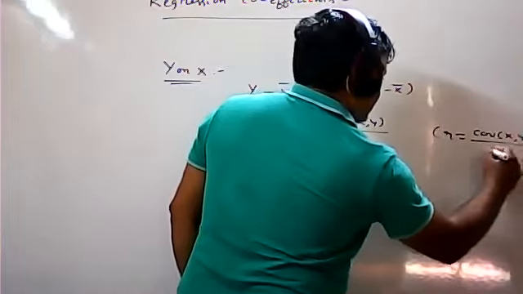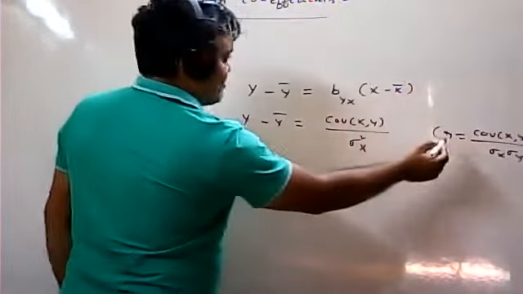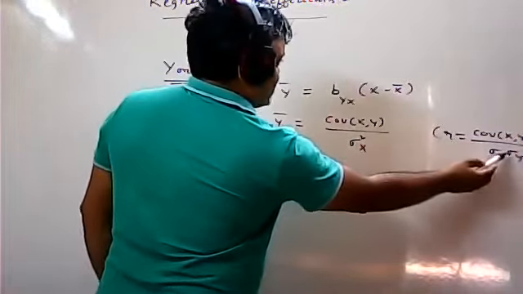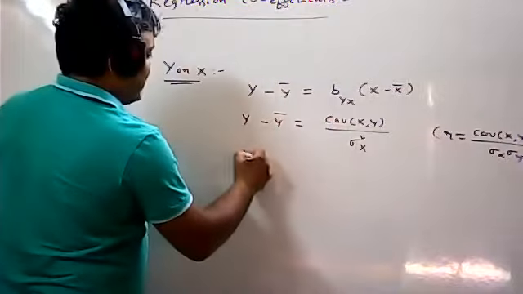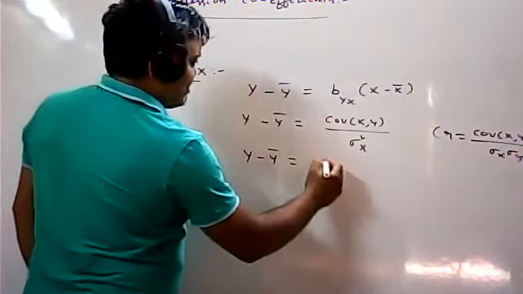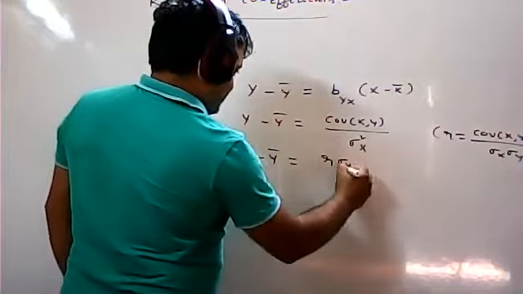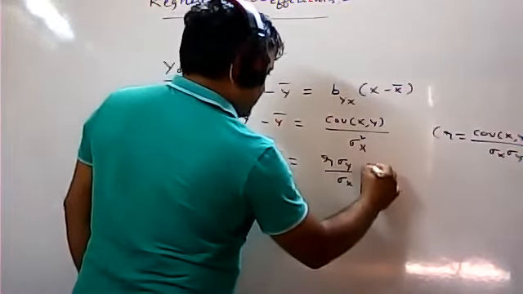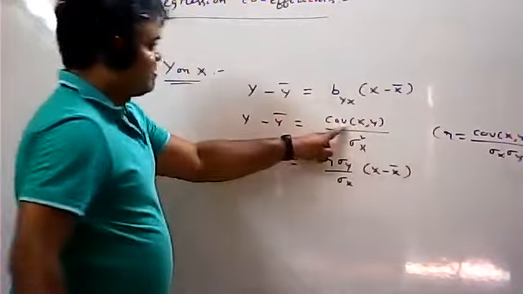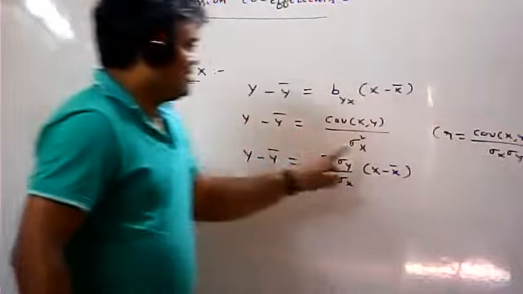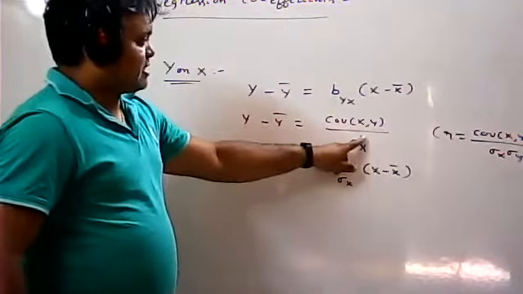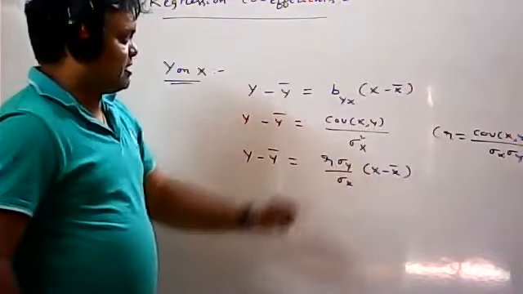From this, covariance of xy is nothing but r sigma x sigma y. When I substitute, you will get y minus y bar equal to r sigma y by sigma x into x minus x bar, because this value is r sigma x sigma y by sigma square x, and sigma x gets cancelled, so r sigma y by sigma x.